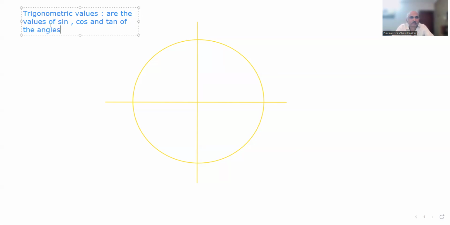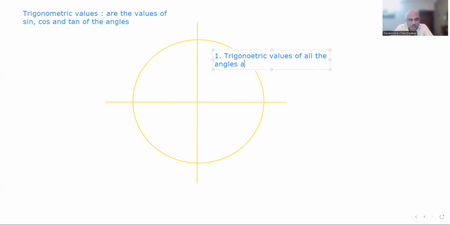So these are the trigonometric values. For the first quadrant, trigonometric values of all the angles are positive.